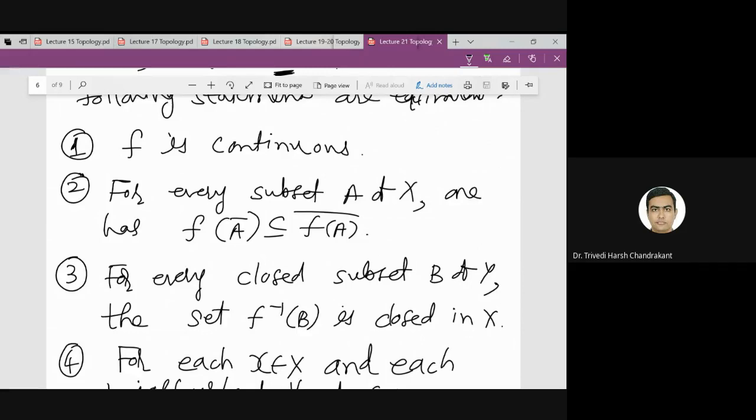But that book discusses not topological spaces, only metric spaces, a special case of topological spaces.